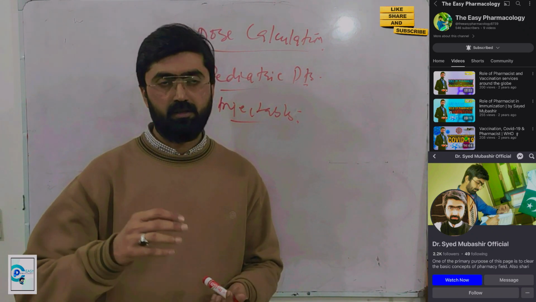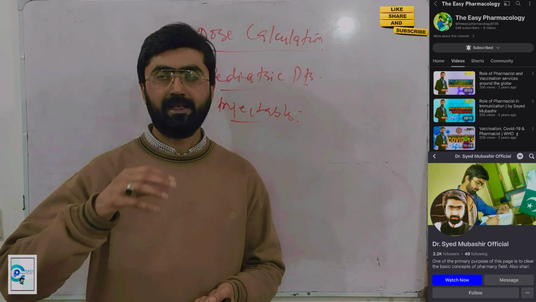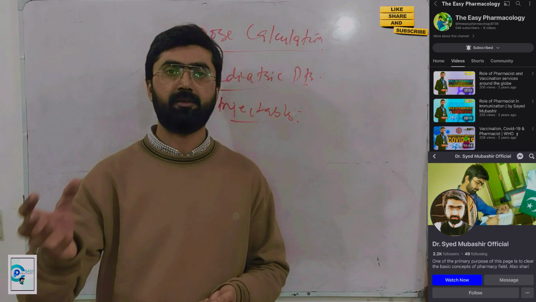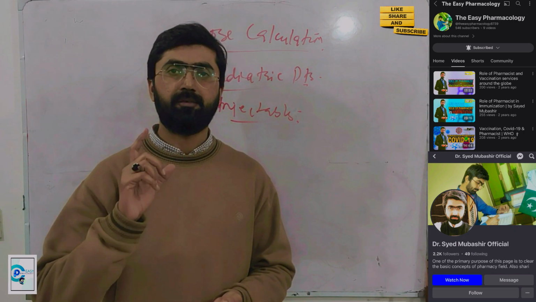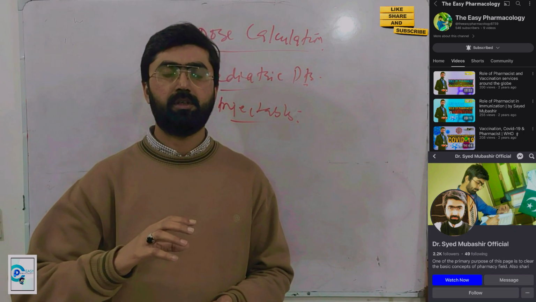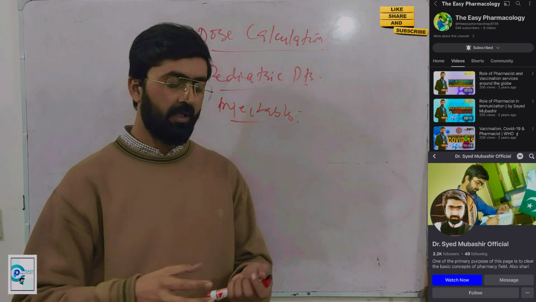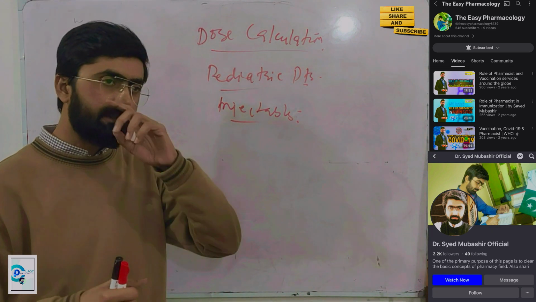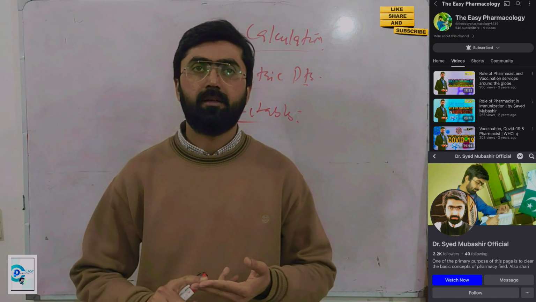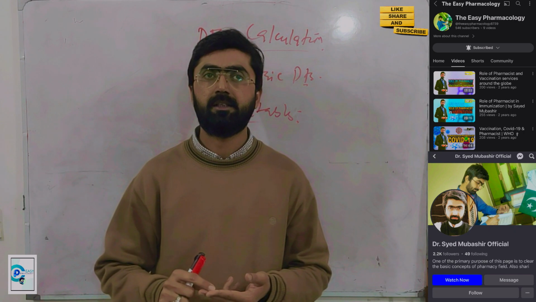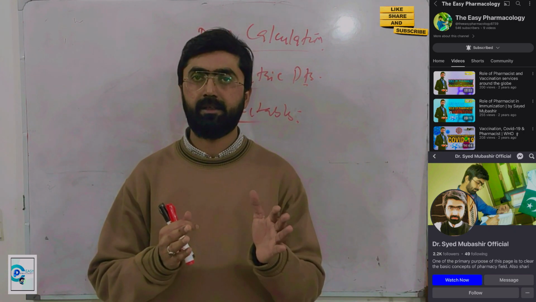For calculating doses for injectable dosage forms and for pediatric patients, the first thing students should know and memorize is this: injectable dosage forms are available in different forms.